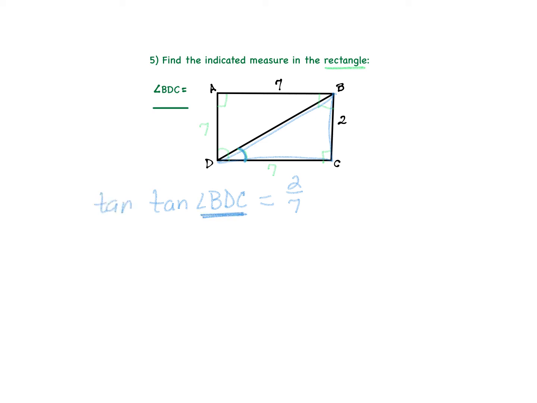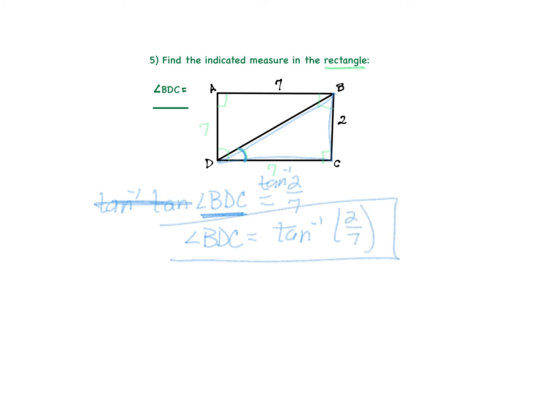Remember, I want to get rid of tangent because I want to get my angle by itself. So to get rid of a tangent, I use an inverse tangent. I have to do it to both sides. That cancels, and I get angle BDC equals inverse tangent of 2/7. Here's calculator ready form.